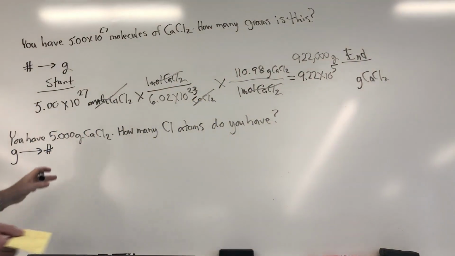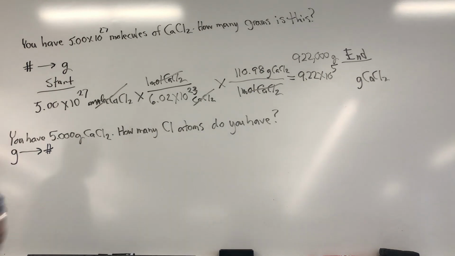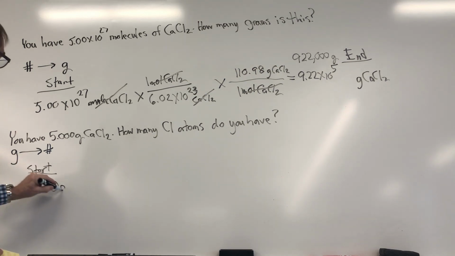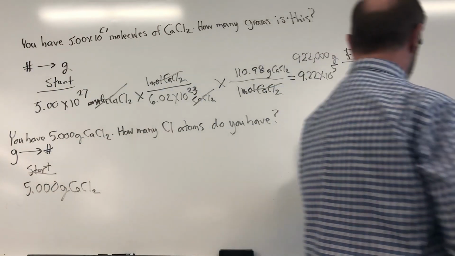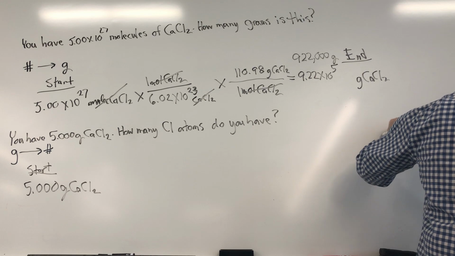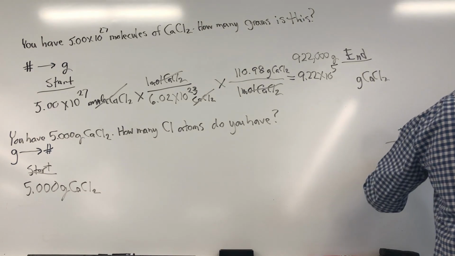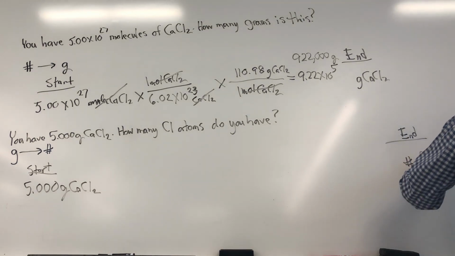Now the bottom one, we're going to start with grams this time, and we're going to get to chlorine atoms. So our start is going to be 5.000 grams of calcium chloride, and eventually our end is going to be number of chloride atoms.